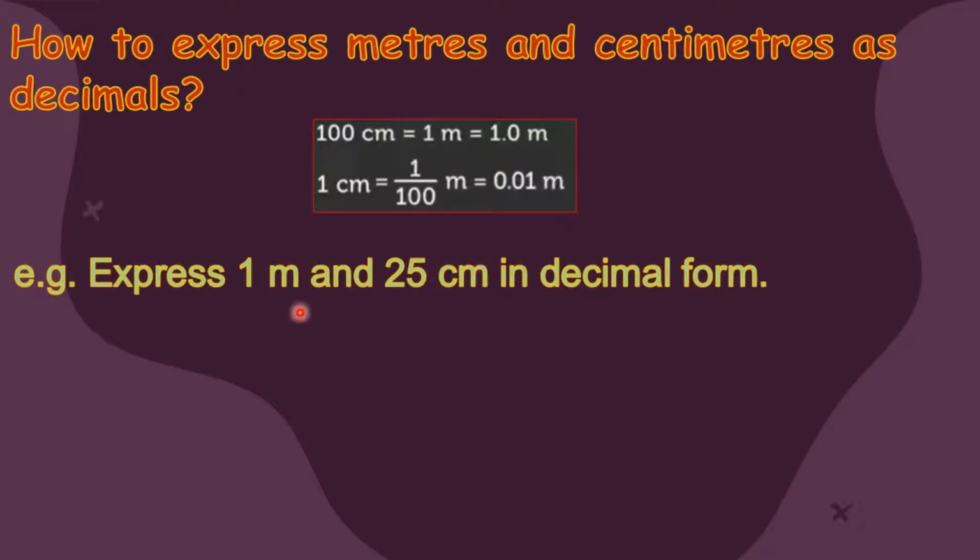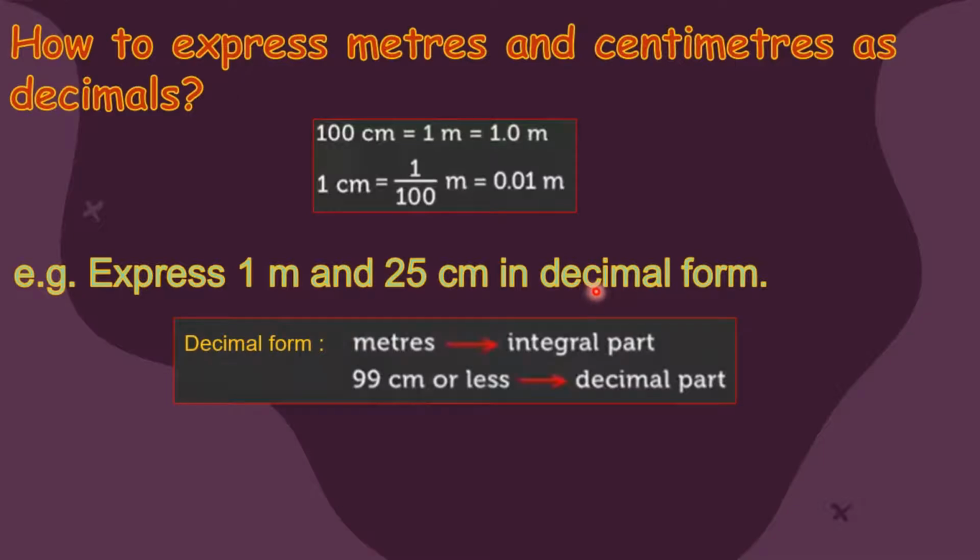Let us try to understand with the help of an example. Express 1 meter and 25 centimeter in decimal form. Now, when we write meters and centimeters in decimal form, we take the number of meters as the integral part, that is we write it before the decimal point, and after the decimal, whatever the number is, that is 99 centimeter or less, is taken as the decimal part, and we write it after the decimal point.